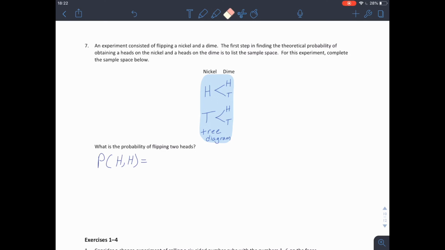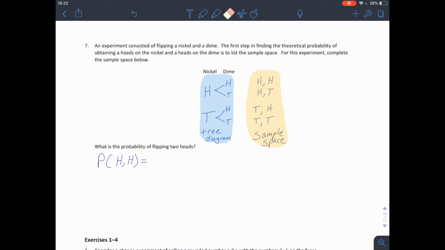So heads for the nickel gets both the heads and tails for the dime, as does tails for the nickel. So I can take this tree and turn it into a sample space, which would be heads heads, heads tails, tails heads, and tails tails.